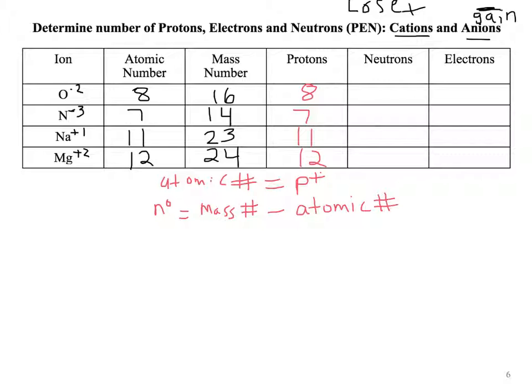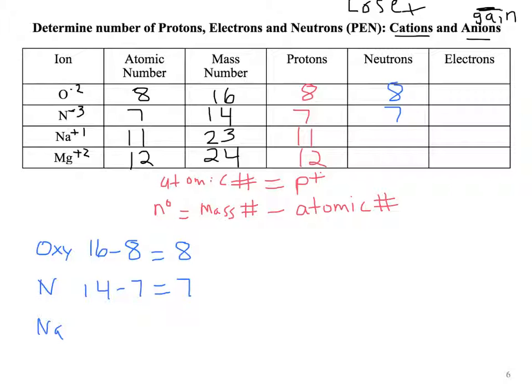Neutrons will be in blue. So our mass number for oxygen is 16. We'll do oxygen here. 16 minus our atomic number is 8, so we get neutrons of 8. Nitrogen is going to be 14 minus 7, so a total of 7.